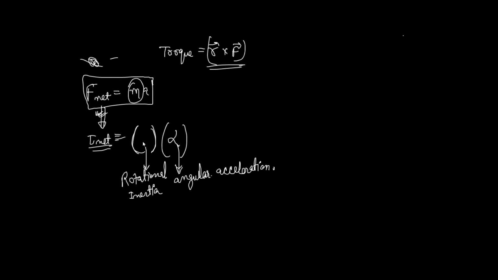So at this place there should be something which decides the rotational inertia of the object. So what is that quantity? That is denoted by I, and that is known as moment of inertia.